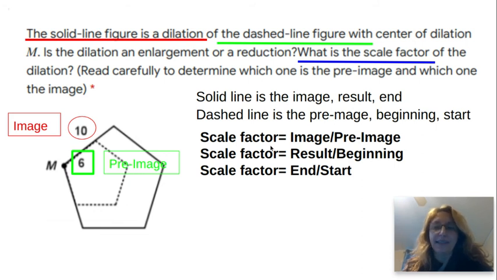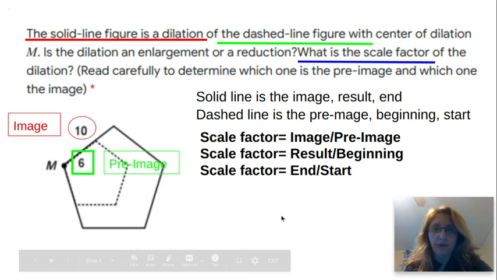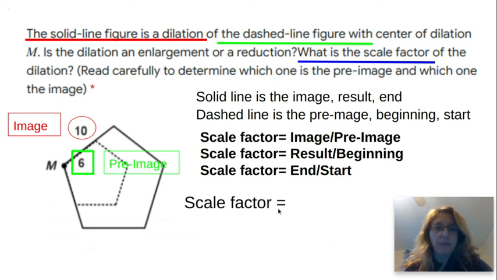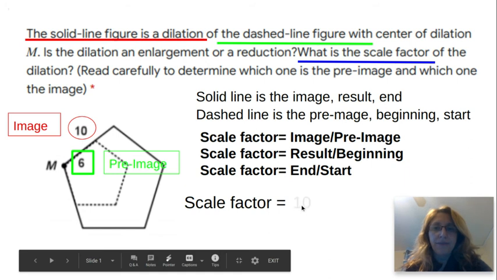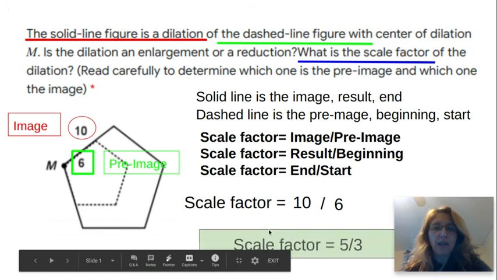You divide the end by the start, the image by the pre-image, the result by the beginning. I gave you all these options here. You remember whichever one works for you. So using my numbers, the scale factor is going to be the image, in my case 10, divided by the pre-image, which is 6. Simplifying that, reducing the fraction, the answer would be the scale factor is 5/3.